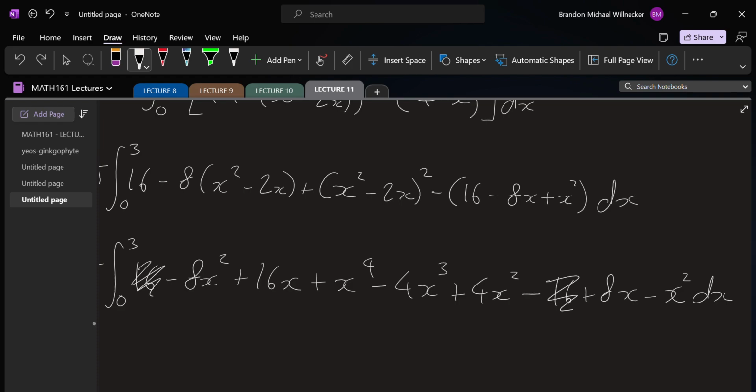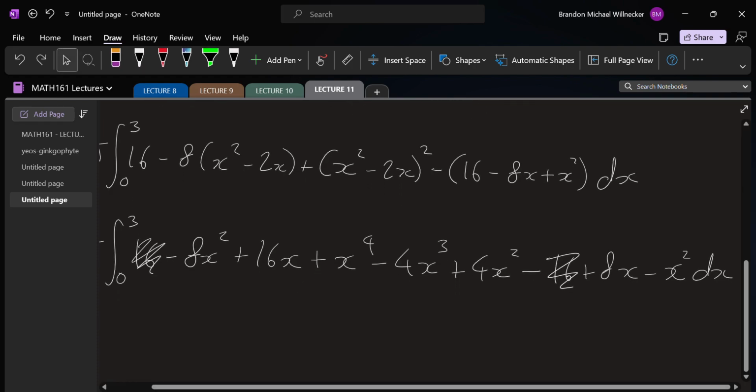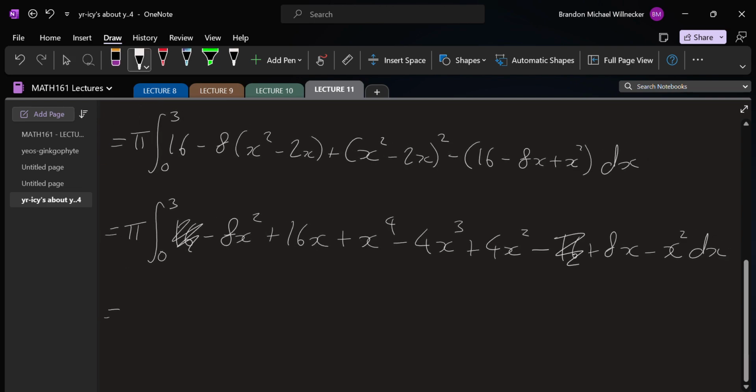Quite a few things cancel. We've got a plus 16 and a minus 16, which goes away. We've got x to the 4, let's put that in the front. So the integral is 0 to 3, x to the 4. We've got the x cubed, let's put that here. Plus 16x there.